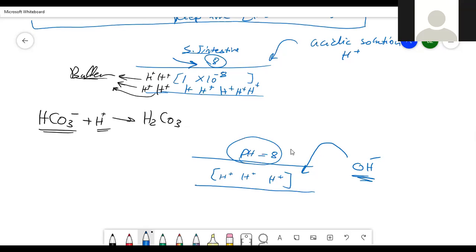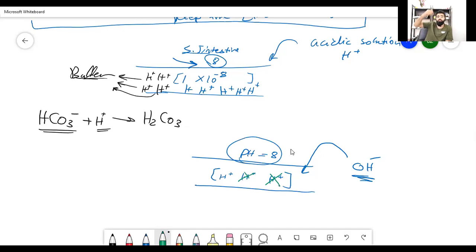But first, how does the OH minus change the pH? The OH minus reacts with the H pluses, as we explained at the beginning of the class, and decreases them. So the H pluses will be decreased due to the OH minus which enters by food, for example. So how does the buffer return the H plus concentration to pH 8?